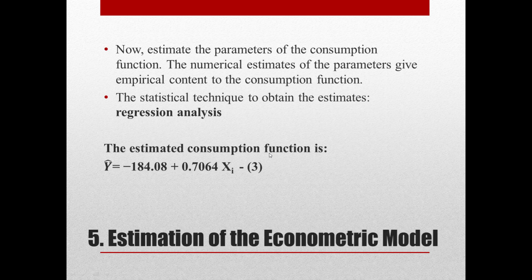From this figure, we see that for the period 1982 to 96, the slope coefficient is 0.70, which means that an increase in the real income of $1 led on average to an increase of about 70 cents in real consumption expenditure. We say on average because the relationship between consumption and income is inexact. Not all the data points lie exactly on the regression line.